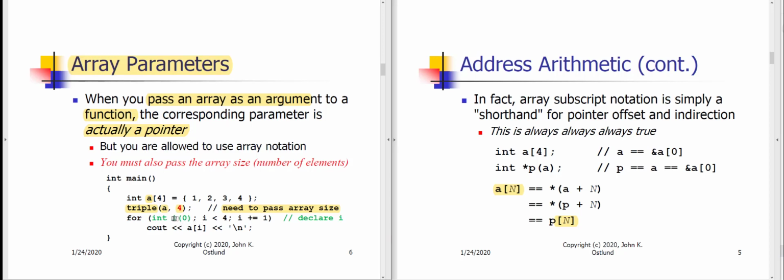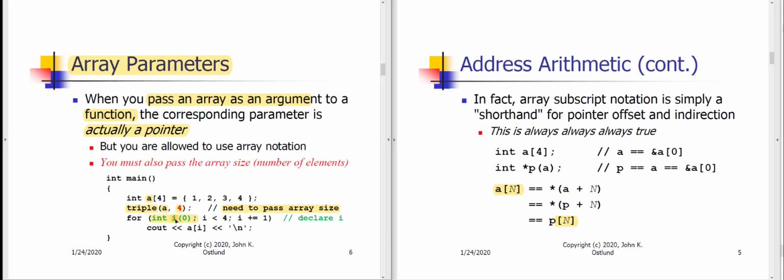Now, I'm using an integer subscript called I to step through the items in that array A after triple returns. Notice that in C++, I can actually go ahead and declare and initialize the data type of my loop variable right inside the initialization expression of the for loop. This is very often done because often when you arrive at a for loop, you haven't yet previously defined a loop variable to use, so you can go ahead and just declare it and initialize it right there.